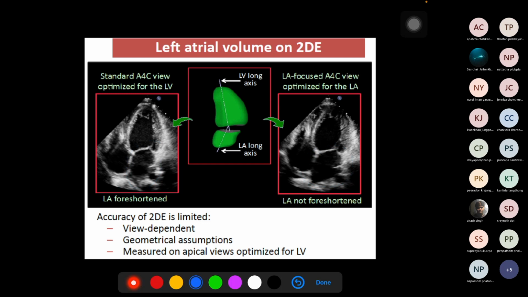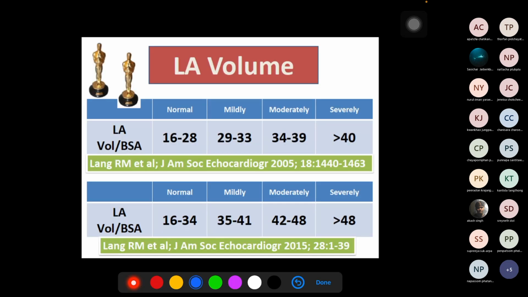This is a number you should remember, from the latest update, the JSE 2015. Normally, in the report you see the LAVI, or LA volume index.